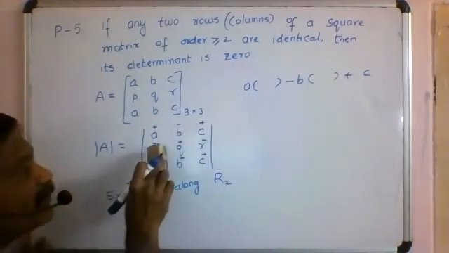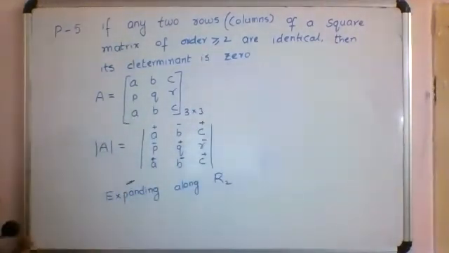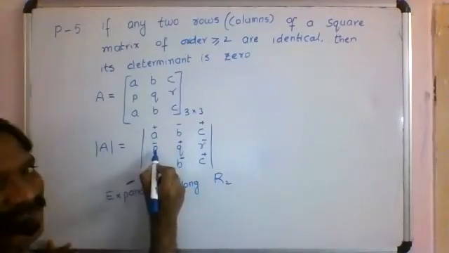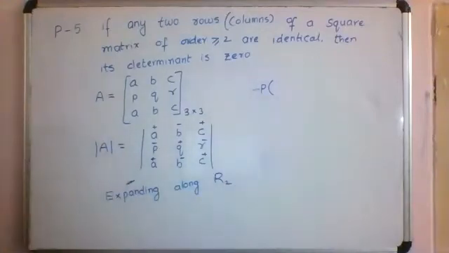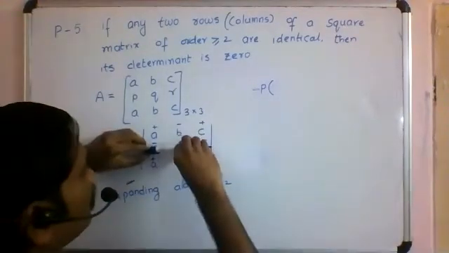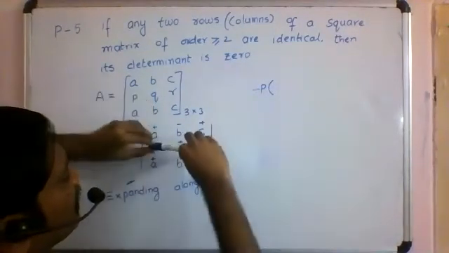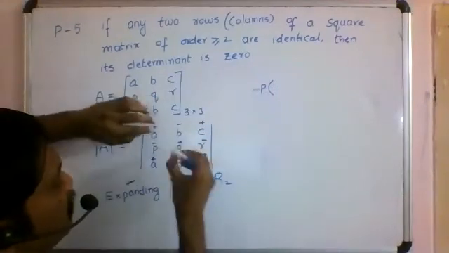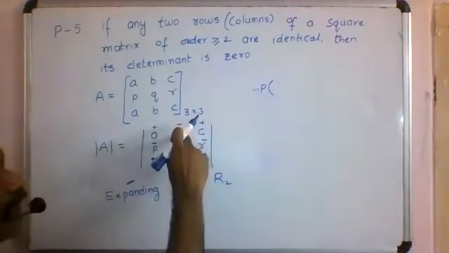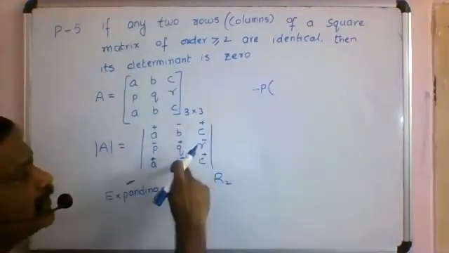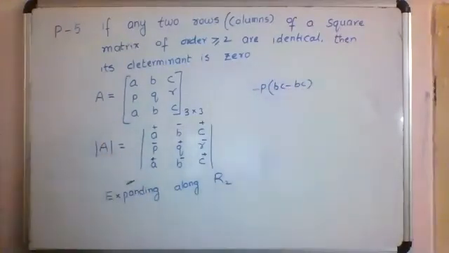So here now I'm expanding along the second row. Along the second row means here what I have to take? I have to take minus P into, now remove the row containing P and the column containing P. This has been removed, which means we are left with B, C. So we have to cross multiply its determinant now: BC minus BC.